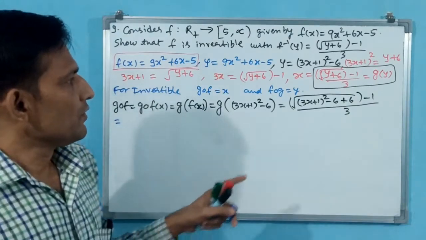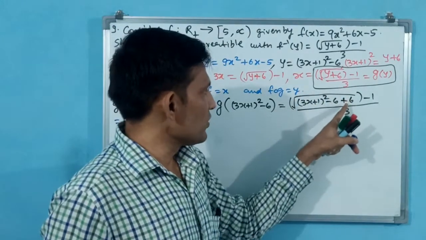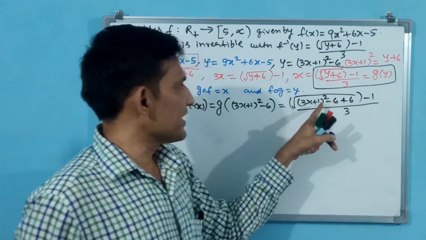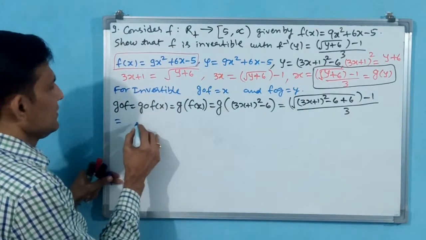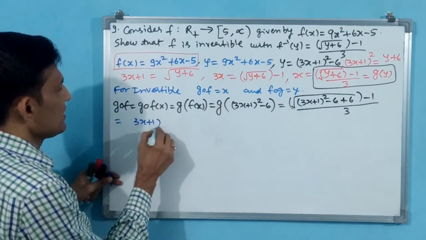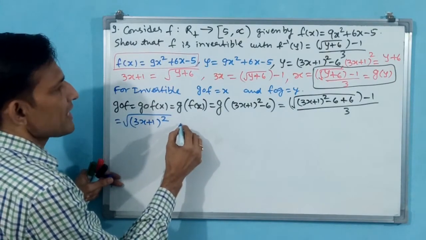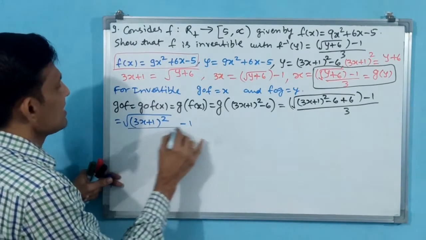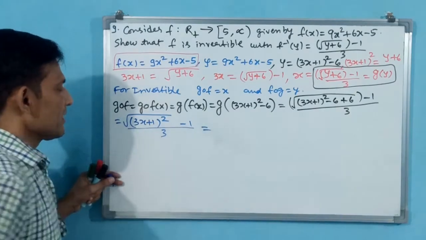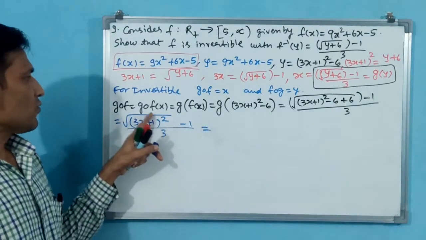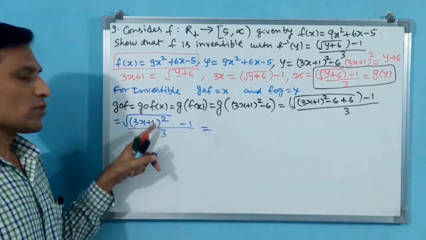Okay, see, under square root, plus 6 minus 6 are going to get cancelled. Now you write 3x plus 1 whole square under root, outside minus 1 is there, bottom 3 is there. Now see, square and root are going to get cancelled.